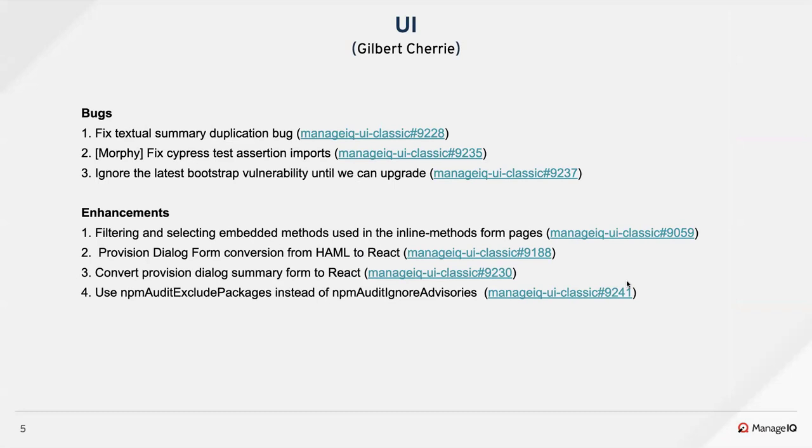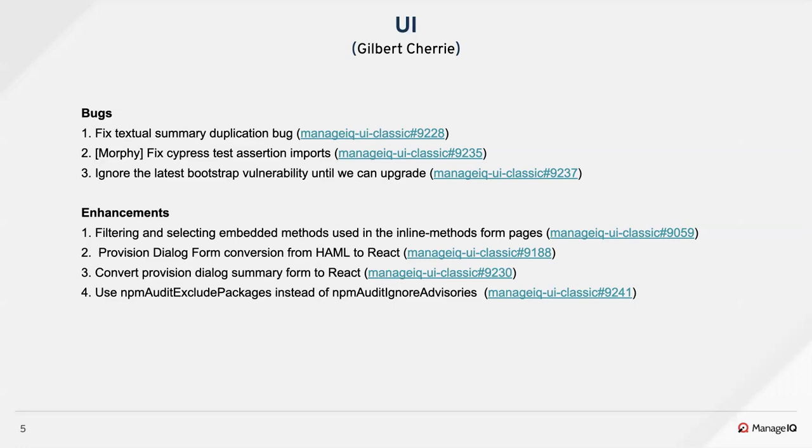Thanks, Jason. So these are some of the UI fixes we have, starting off with bug fixes. I fixed a bug where the textual summary page was being duplicated. I also fixed a Morphe bug with the Cypress test, as well as Jason added a bootstrap vulnerability to allow us to get to green before we can upgrade.